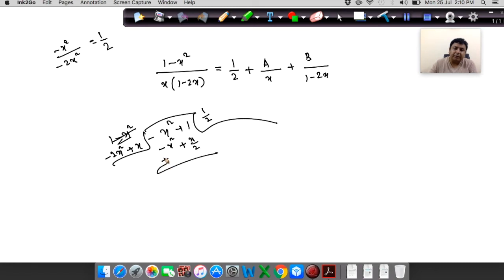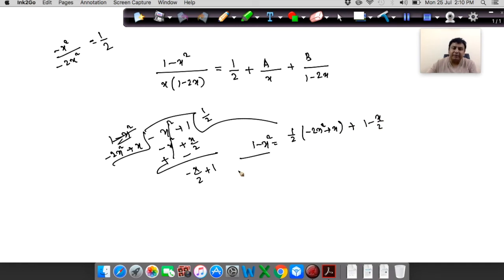So the change of sign cancels and we get minus x by 2 plus 1. So the dividend 1 minus x square can be written as divisor into quotient, half into minus 2x square plus x, plus the remainder, so plus 1 minus x by 2.